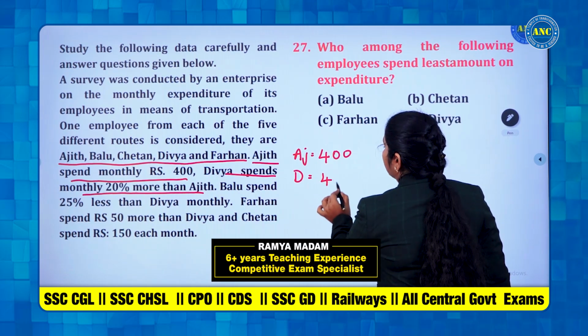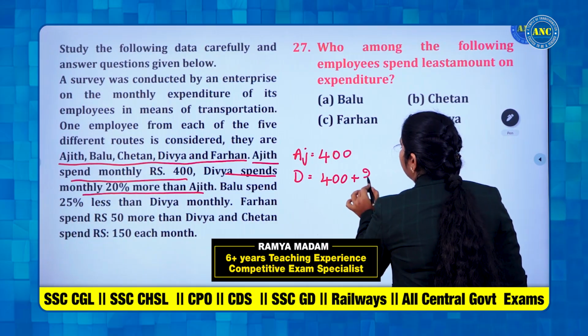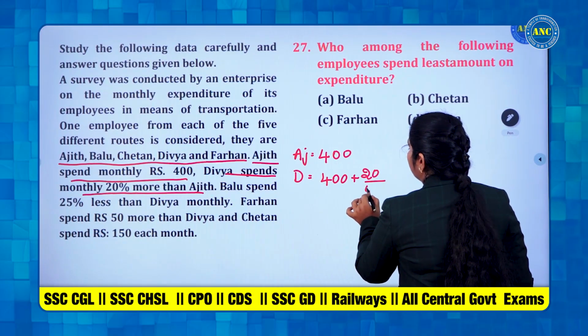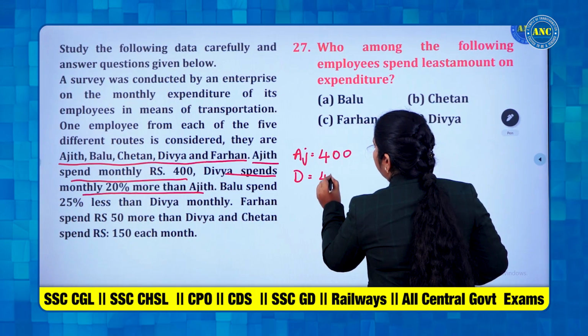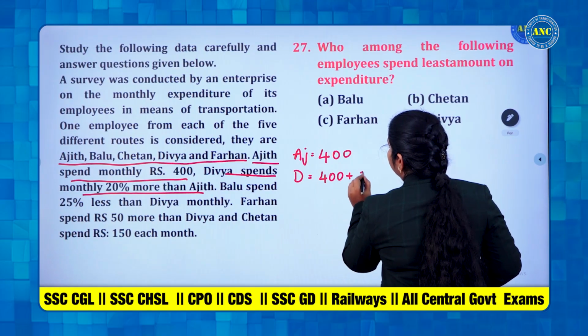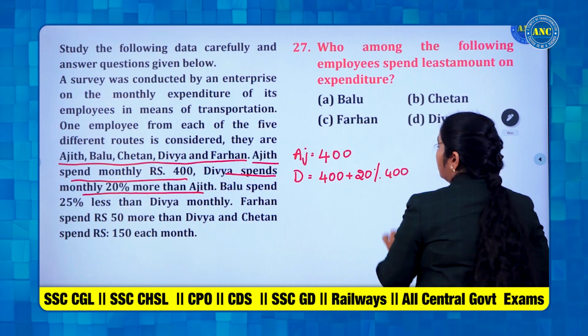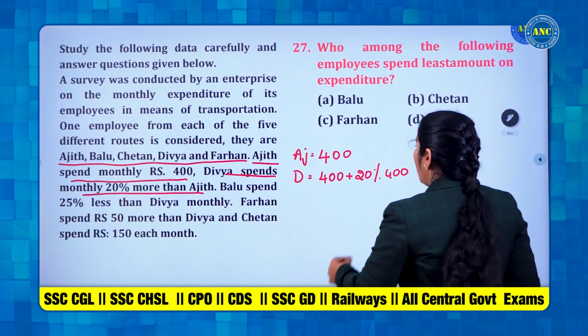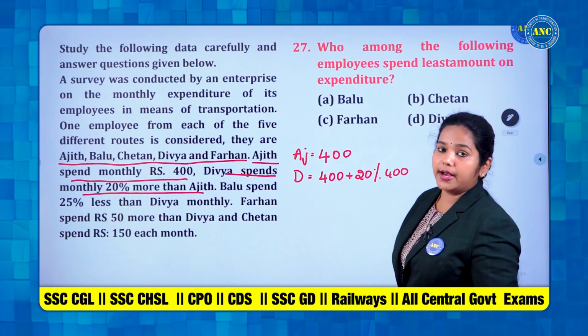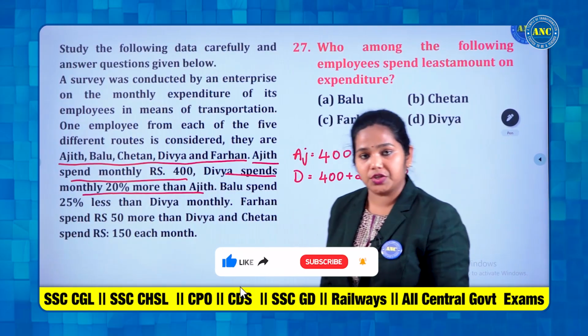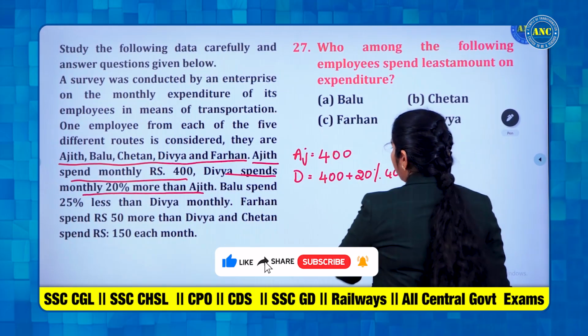So Ajit's value is 400 plus 20% of Ajit's value. When you take 20% of 400, 10% of 400 is 40, so 20% of 400 is 80.